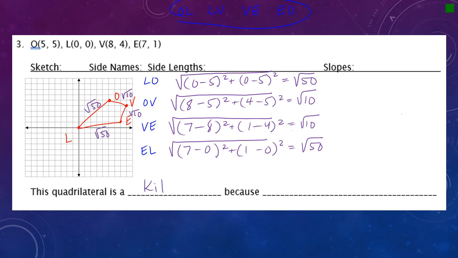Now I can say this is a kite without doing anything with slopes, because if you go back to the notes for 2.6 and you look at the properties of a kite, you'll notice that we didn't say anything about the opposite sides or the adjacent sides. So this is the only one where if you get that it's a kite, you do not have to do your slopes. So I'm going to write over here, we don't have to do slope because we know it's a kite.